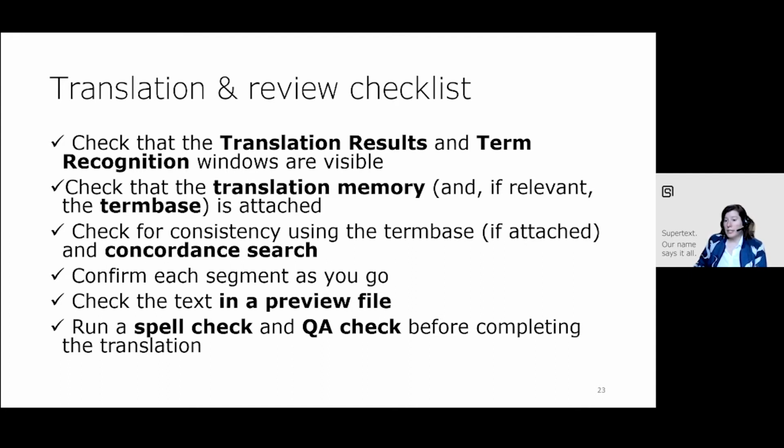Look out for consistency as you go along, using the term base and concordance search to help you out. Confirm each segment as you go, as these sentences will be auto-propagated if they appear elsewhere in the text. Review the text in a preview file if possible to check for the layout. And at the end, run a spell check and a QA check.